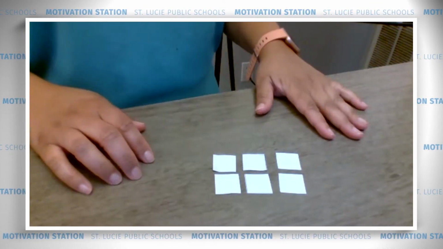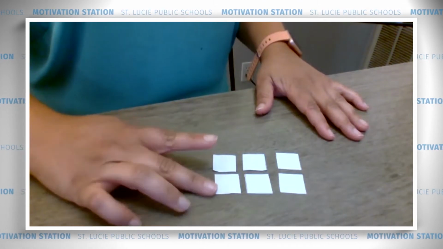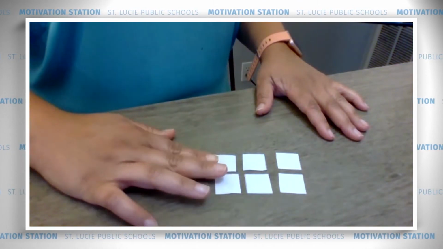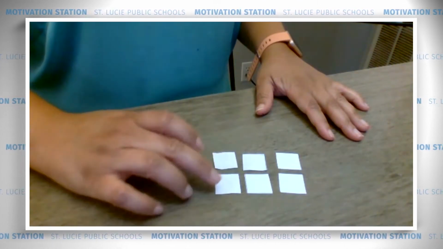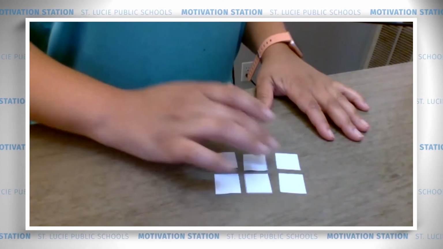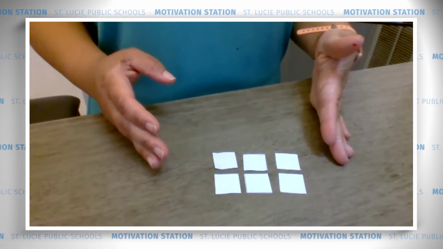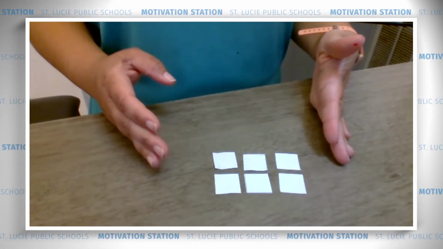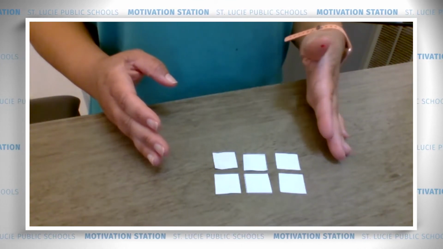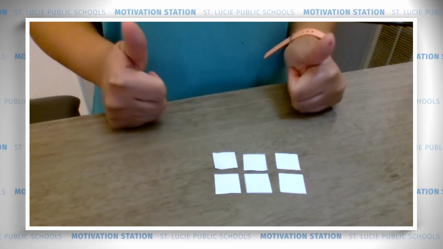And if we see here, I have 2 rows so that I make 2 pairs for my 6. 1, 2, 3, 4, 5, 6. And I do not have any squares left over. So this is an even number. I hope you said even number. If you did, great job.